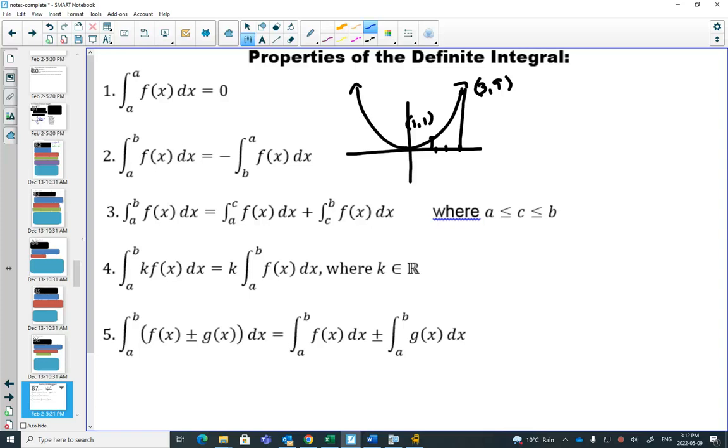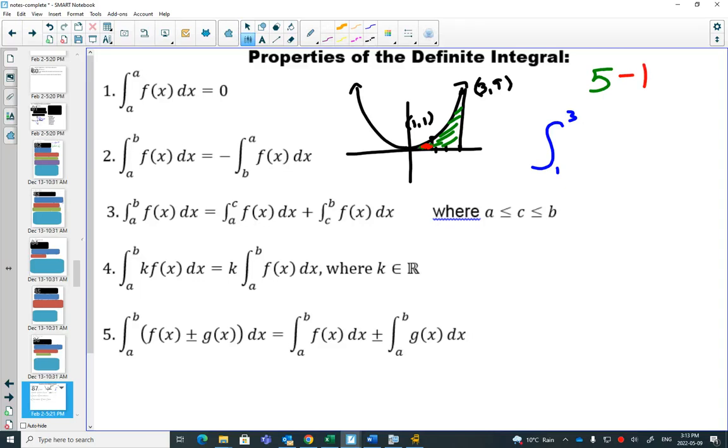Technically, when you figure out the integral from 1 to 3, you're taking the area from 3 all the way down to 0, and then subtracting the area from 1 all the way down to 0. You would get one area, which I could shade all of this in green, and then you would subtract the area that I had in red. So let's say the green area is 5 and the red area is 1, you'd have 5 minus 1.